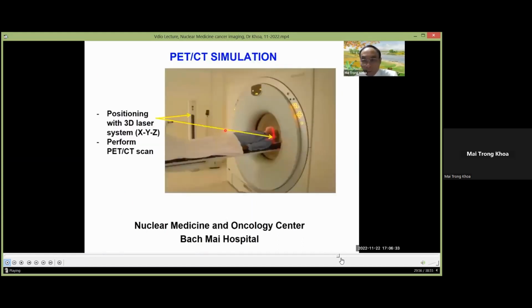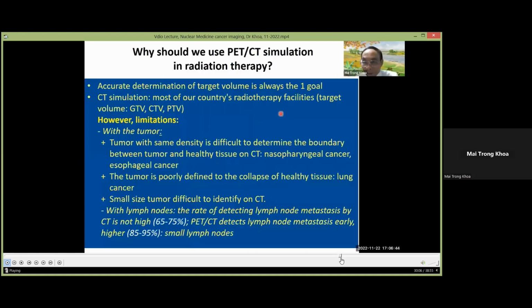And this is the PET-CT machine with the simulation function. On this slide, we face a lot of difficulties in some cases when simulating with CT for radiation therapy planning.